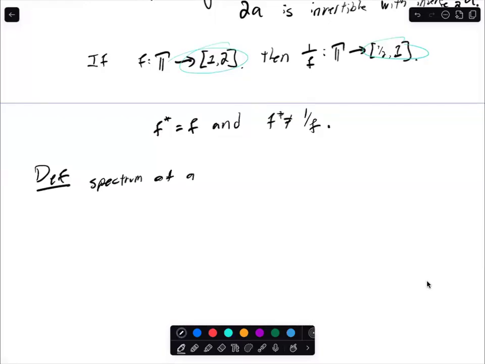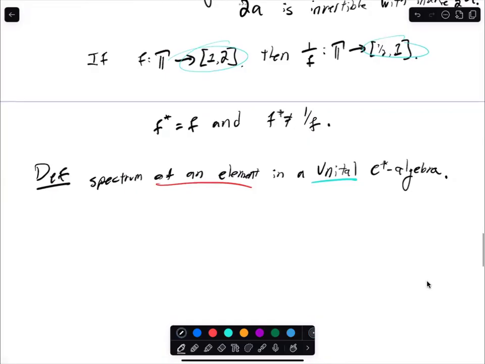Spectrum of an element in a unital C-star algebra. Good.